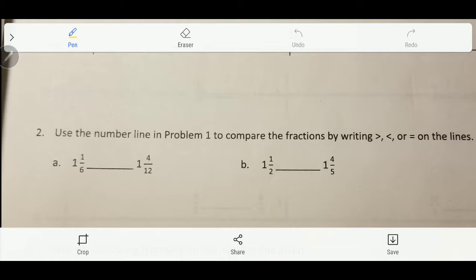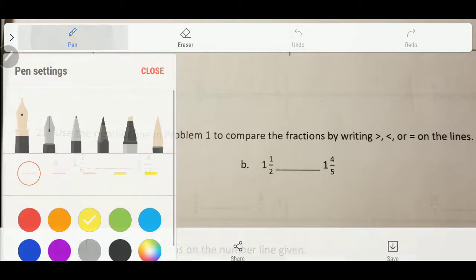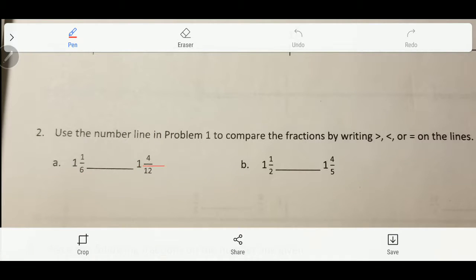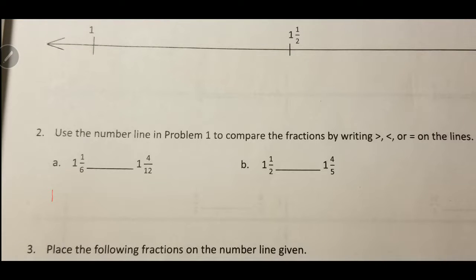So my suggestion is, before you do anything, if the number is already simplified, leave it. But if it's not simplified, you have to simplify it. So, for example, in this one, 1 over 6 is already simplified.